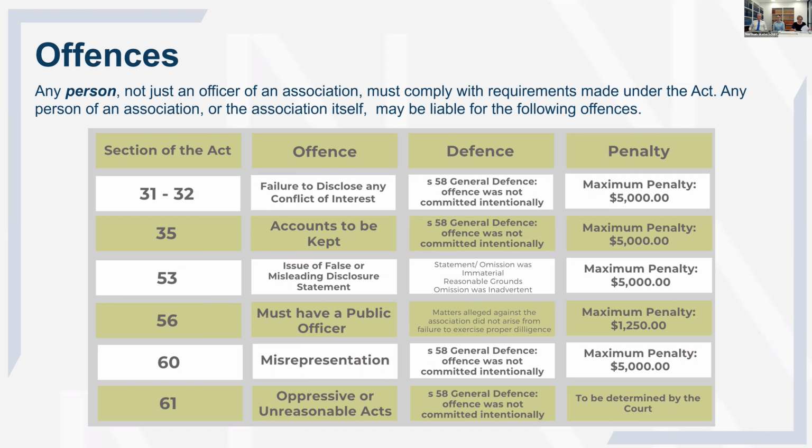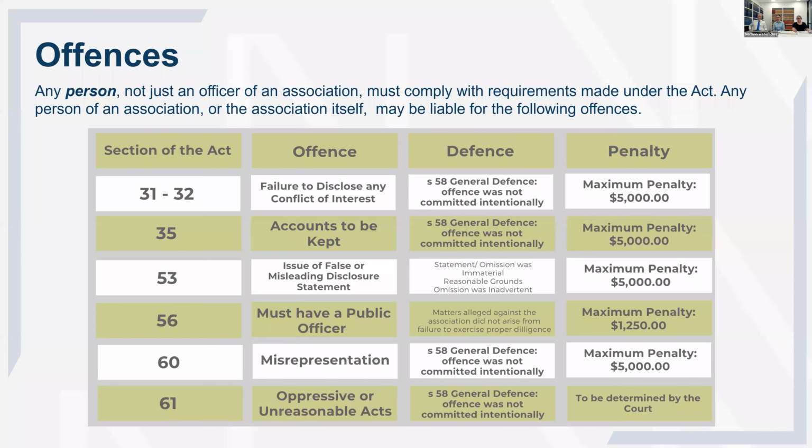The next one is the issuing of false or misleading disclosure statements. As you all know, the disclosure statement will incorporate all of the fees paid by the members or any kind of contributions by the members. And if there's been approval from the Commission, then non-members can also contribute monies. Now, in terms of this section, you must have a proper record of all of these monies that are paid in.